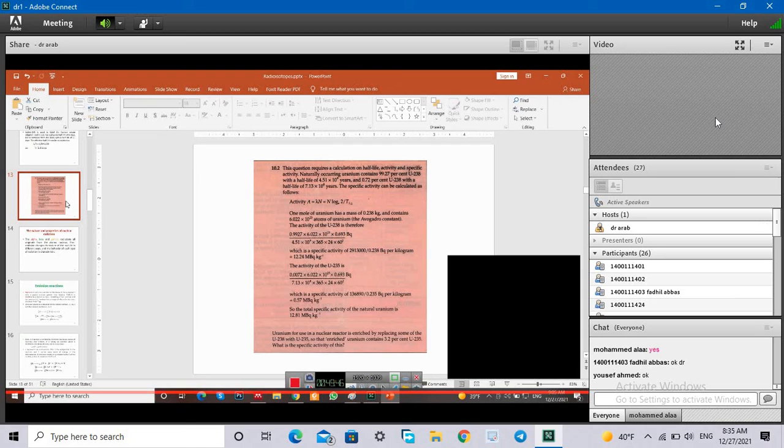And about slide 30, in this slide, I solve an example. We calculate the total activity of uranium.